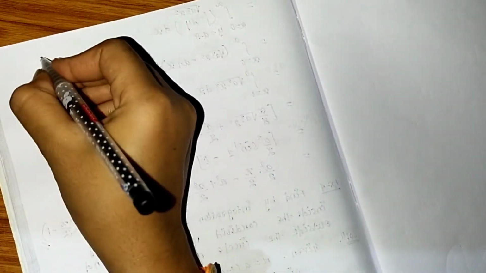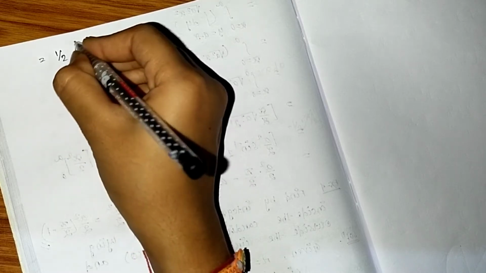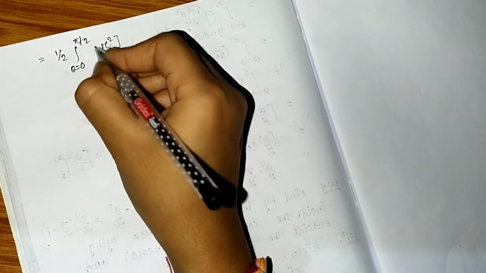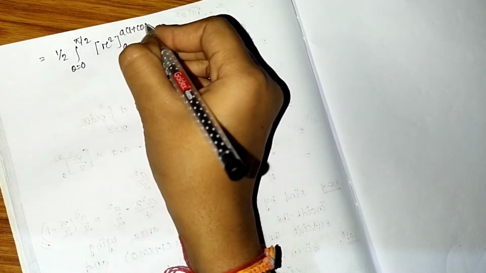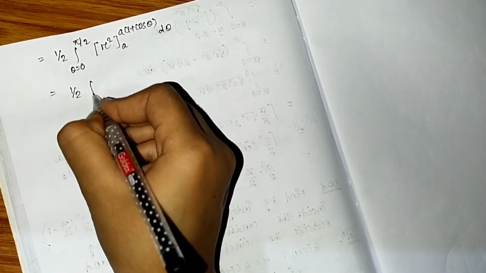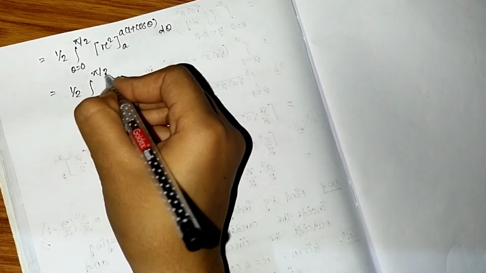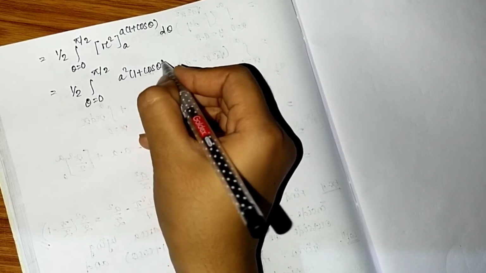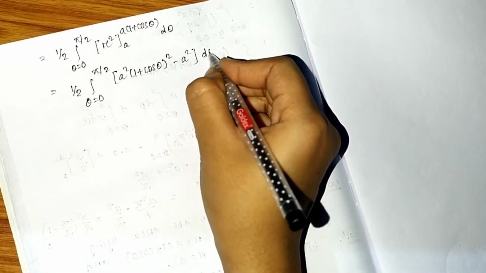Then 1 by 2 goes outside: 1 by 2 into the integral from 0 to pi by 2 of a square into 1 plus cos theta whole square minus a square, d theta.